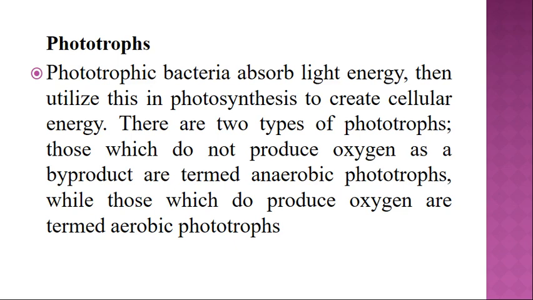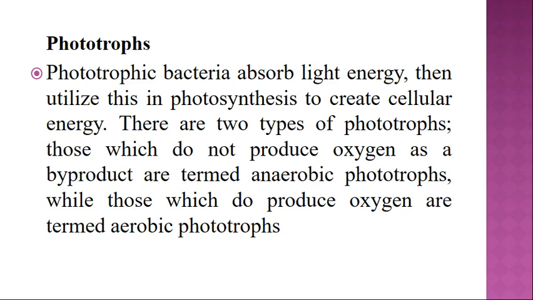Third nutritional category is phototroph. Phototrophic bacteria absorb light as a source of energy, then utilize this in photosynthesis to create cellular energy. So in simple words, phototrophic microorganisms use light as a source of energy.